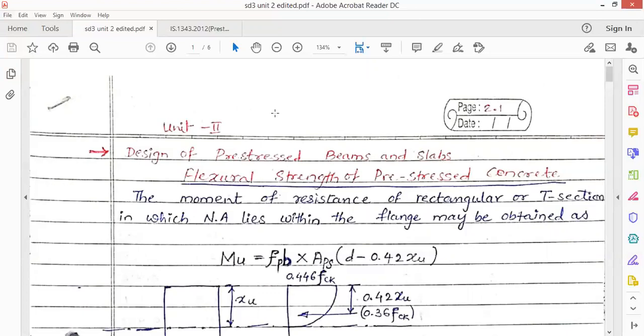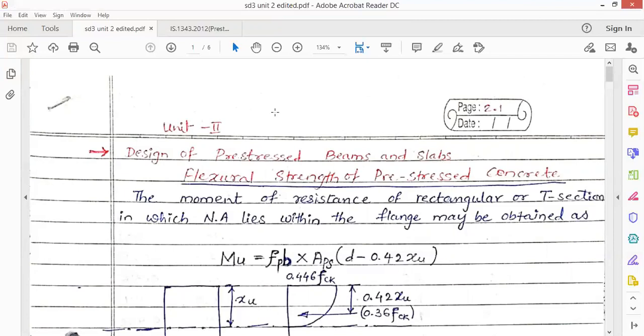Then we need to calculate the shear force, then the section will be there, and the number of cables or wires will be calculated. So many things are to be completed bit by bit to know about the design of the pre-stressed beam.